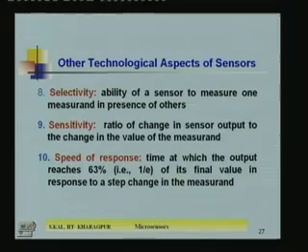Selectivity is again an important parameter. Why? Because I am giving you one example, and that example is again the thermal sensor. You are going to measure the temperature of a particular body. That temperature can increase by absorption of heat. The temperature can also increase when you irradiate that particular body with optical energy or light.